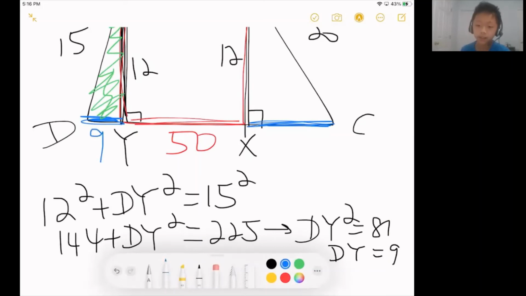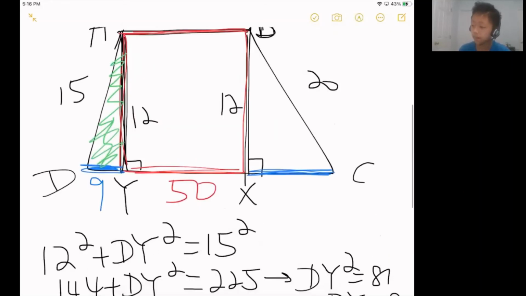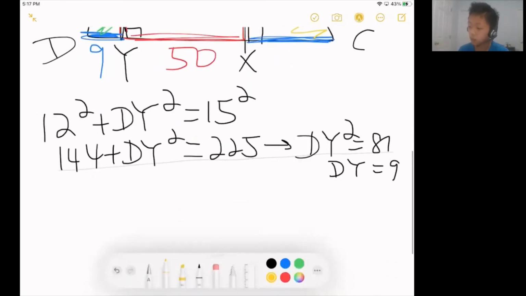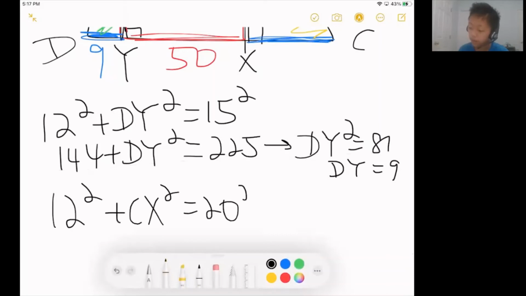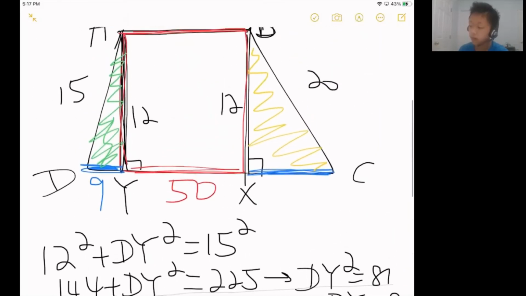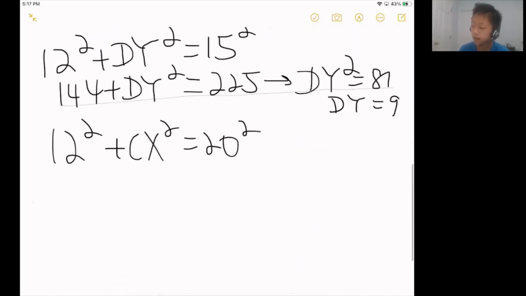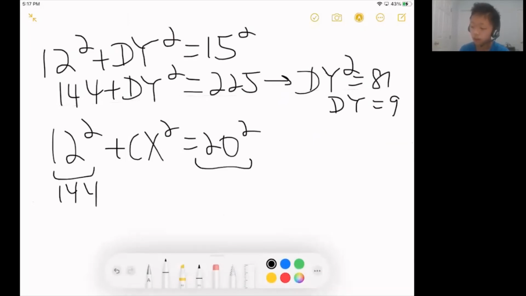Now we can find CX using a similar method. We can use the Pythagorean theorem on this yellow triangle here. So 12 squared plus CX squared is 20 squared, because 12 is a leg, CX is also a leg, and 20 is the hypotenuse. So this is 144, this is 400. So 144 plus CX squared is equal to 400.